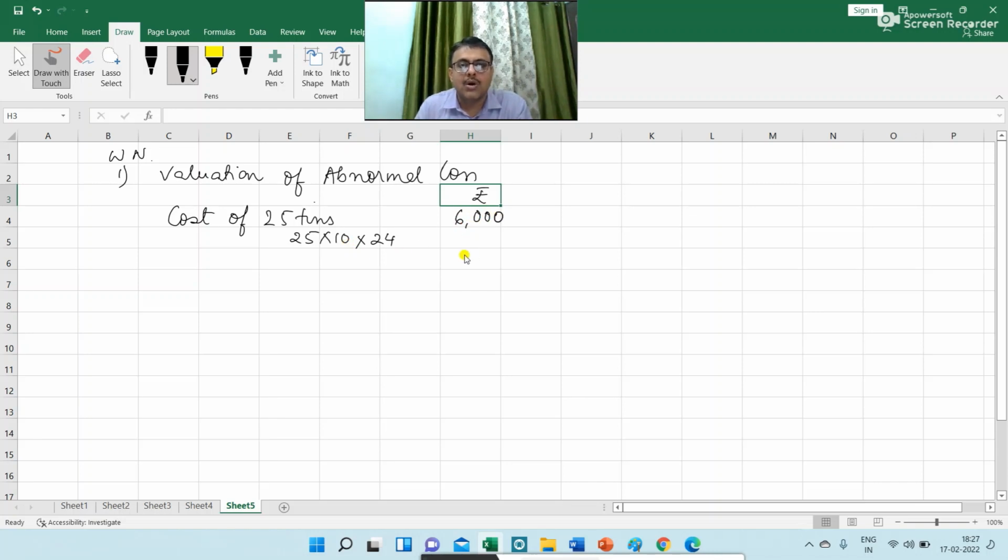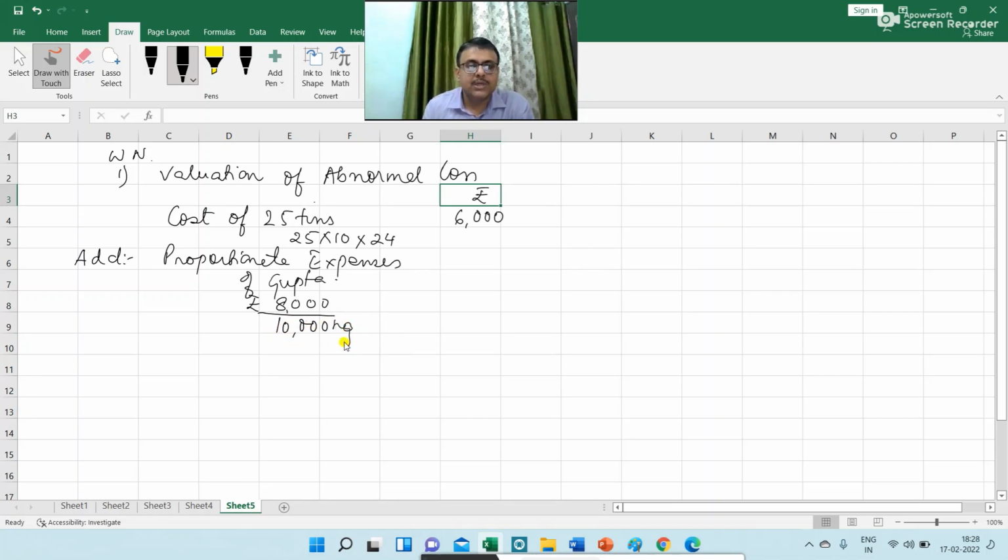This is the cost of 25 tins, and you need to add the proportionate expenses of the consigner, Mr. Gupta. Mr. Gupta has incurred rupees 16,000 towards freight and insurance for 10,000 kg of oil.